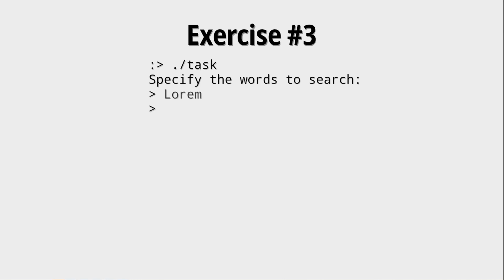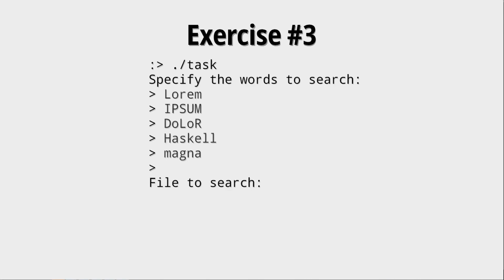Then the user supplies the first word, and then maybe the second and the third and the fourth and the fifth. But now, if the user just doesn't input anything and hits enter, then the program knows that the user is done inputting words. So at this point, it asks for a file to search.